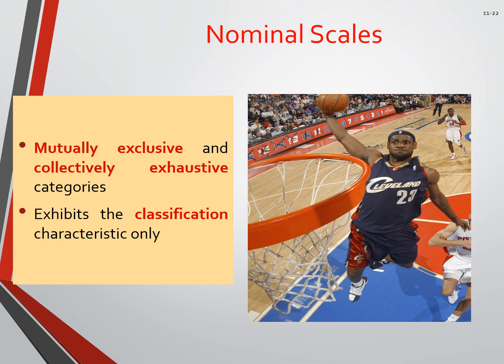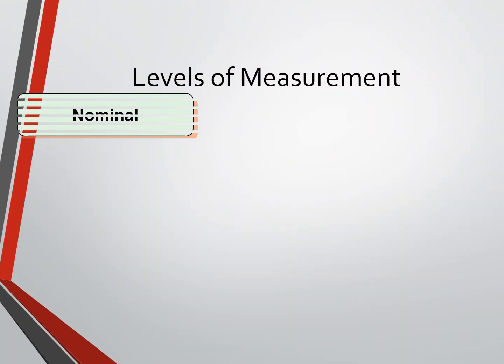So it is going to be mutually exclusive and collectively exhaustive. So here the nominal scale says that there is a player, maybe a male or female player. So that is the nominal scale, and those are exhibited by classification only.